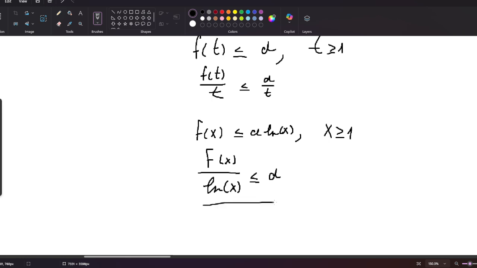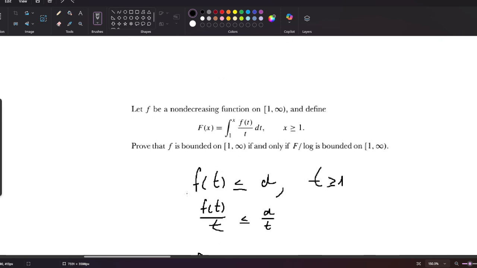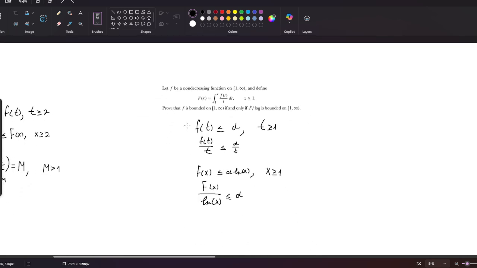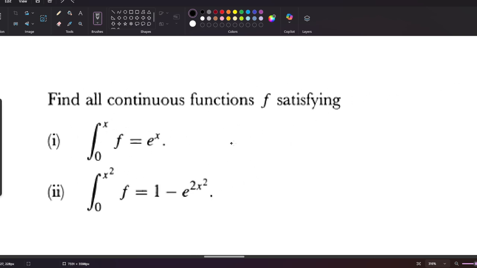Now, this in turn is supposed to mean that F of x over natural logarithm of x being bounded by a is something implied by f tiny being bounded. So we have proved that. Let's continue to this problem right here.